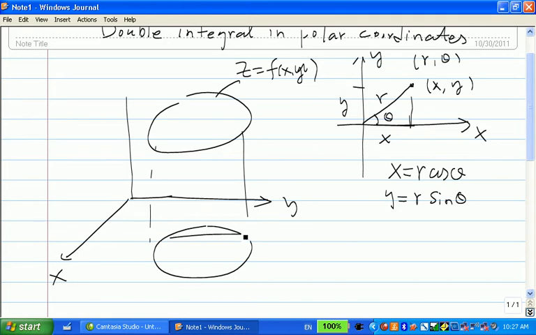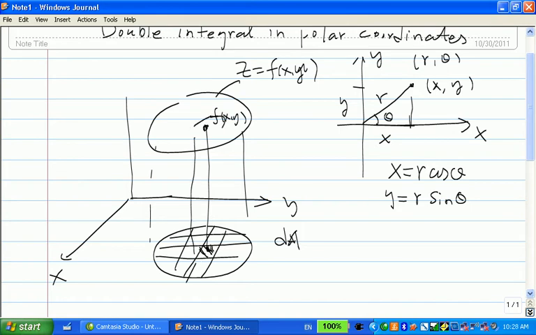So what we did is divide this domain into many rectangles. This is a typical one. This area we call dA. Given any point x, y here, the height at this point is f(x, y).